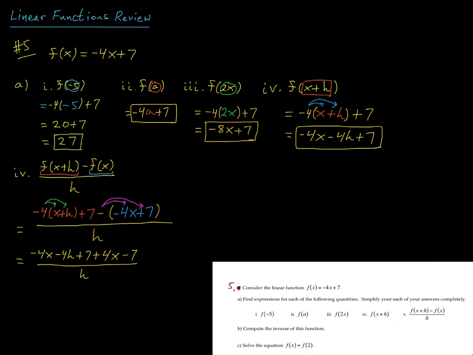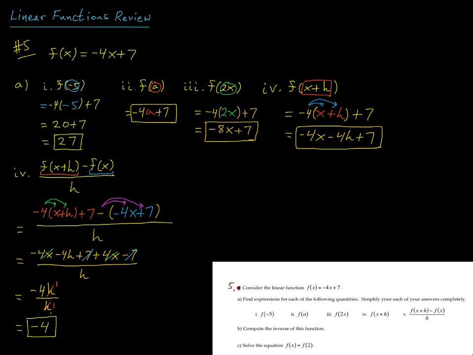Notice that minus 4x plus 4x will give us 0x, so those will just drop out. And the 7s are going to drop out because I have plus 7 and then I'm subtracting 7 here. So when all is said and done, what I'm left with in the numerator is minus 4h. Then we're dividing that by h, and dividing h by itself just gives us a 1. So this whole expression simplifies down to -4.